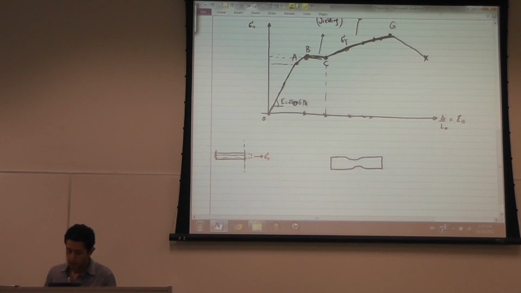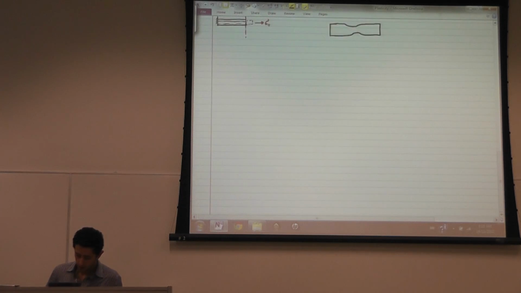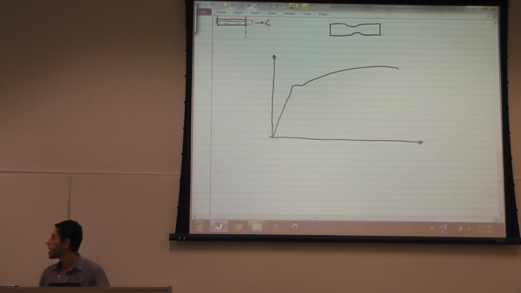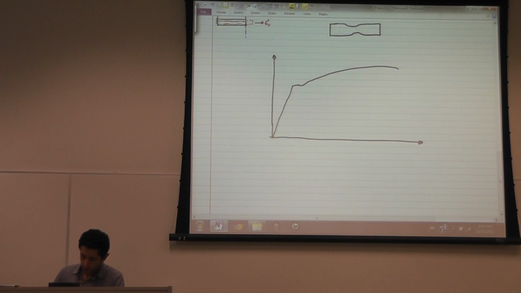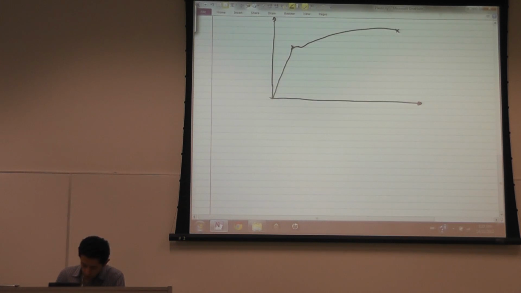The difference between an elastic material and this curve is the fact that, whenever you remove the stress, so from this portion up to this portion, this is the original specimen, and then I apply sigma 1, and then I remove sigma 1, you'll find the specimen is a little bit damaged, does not go back to its original position.